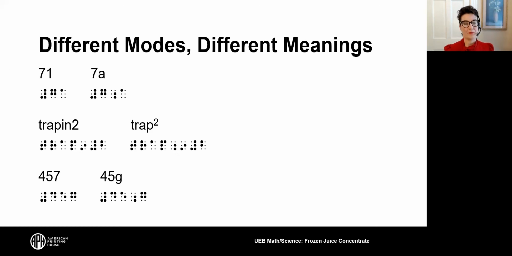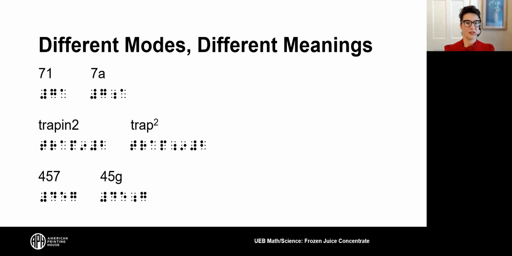If we have this trap and then the grade 1 meaning of the dots 3, 5 and the number 2, that is the superscript 2 following the word trap. Because we're in grade 1 mode for dots 3, 5, and it has a different meaning than it would in grade 2 or contracted mode.